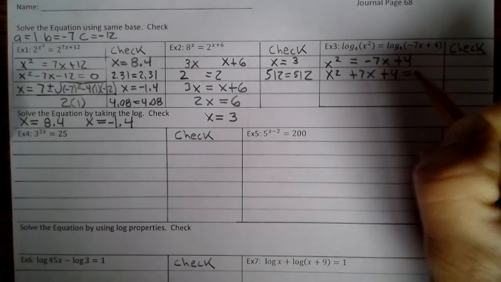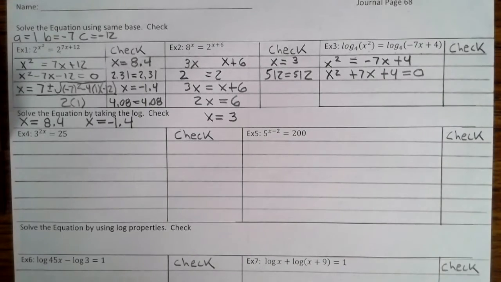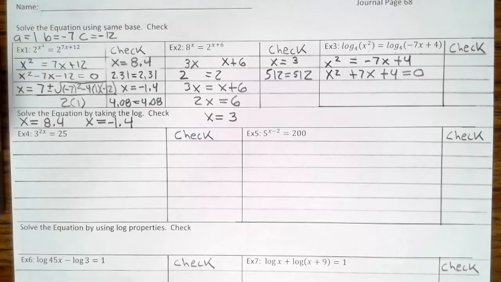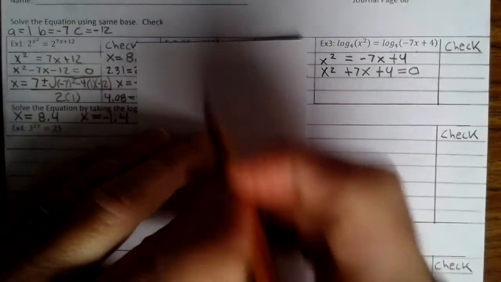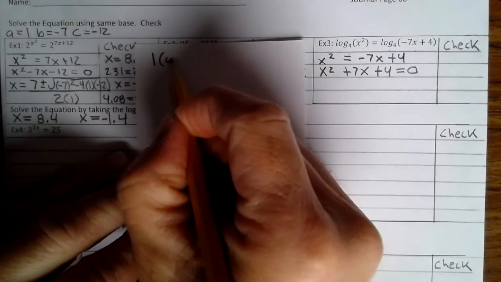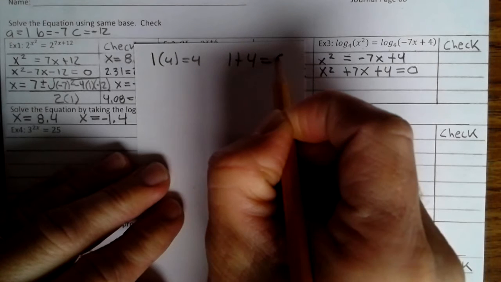Now you want to see if it's factorable. So we look at all the numbers that multiply to be 4 and combine to be 7, so let's try that. So we know 1 times 4 is 4, 1 plus 4 is 5, that doesn't work. 2 times 2 equals 4, 2 plus 2 is 4.